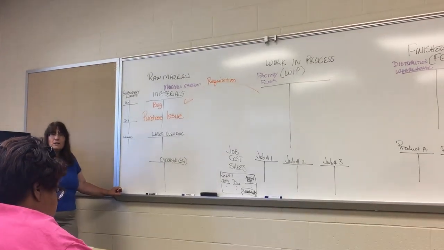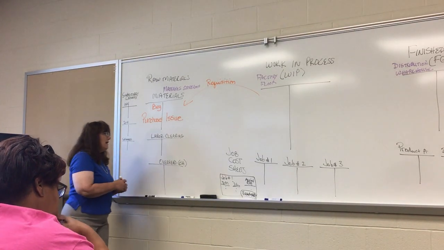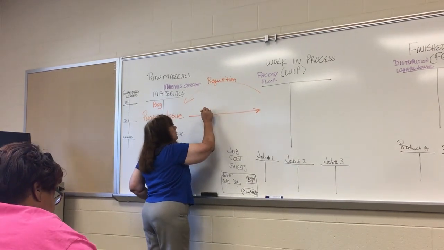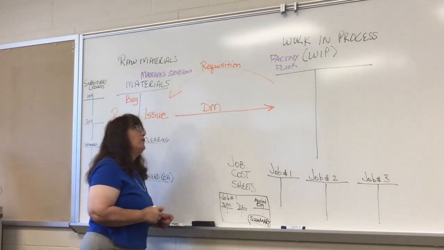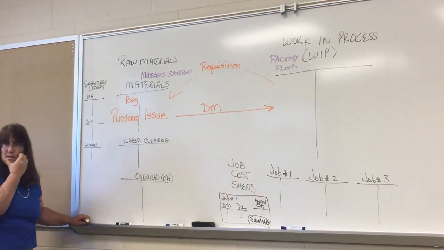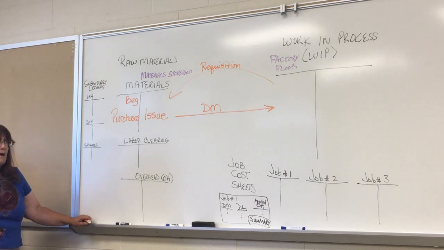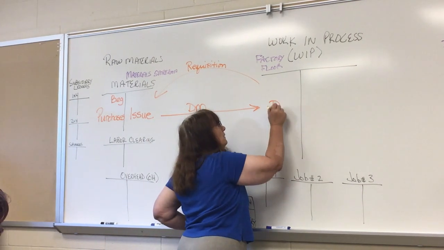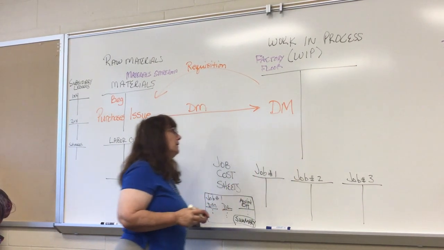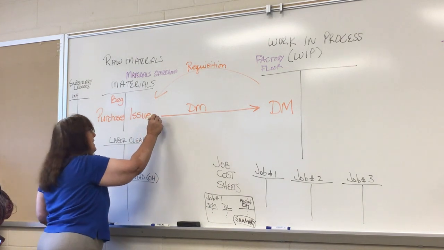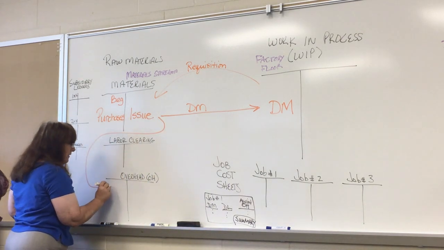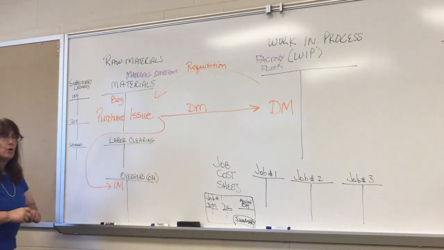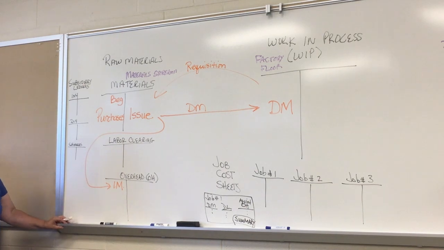However, accounting-wise, we are going to just transfer the direct materials to the work in process account. And the indirect materials, we're going to transfer to the overhead account.